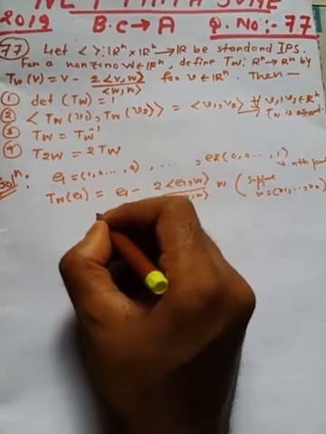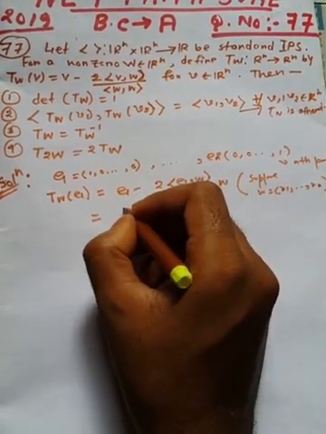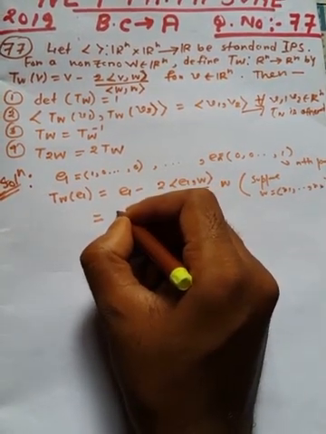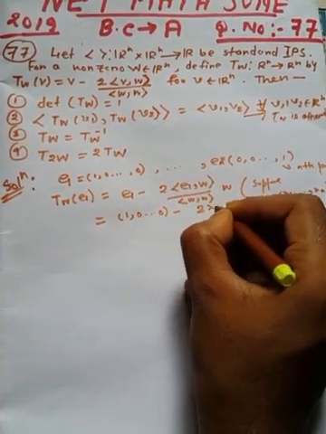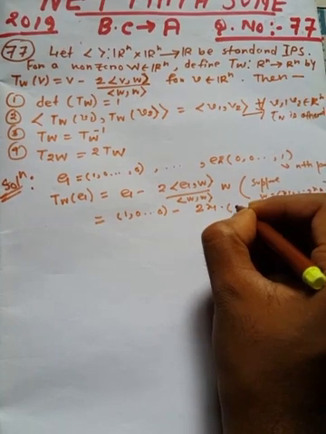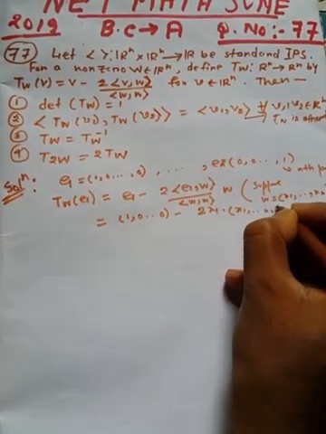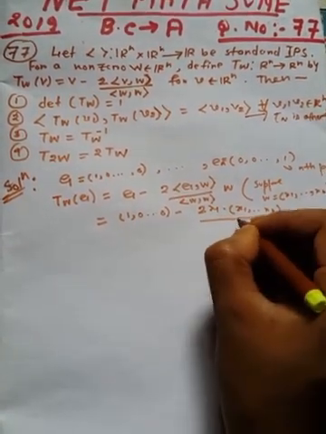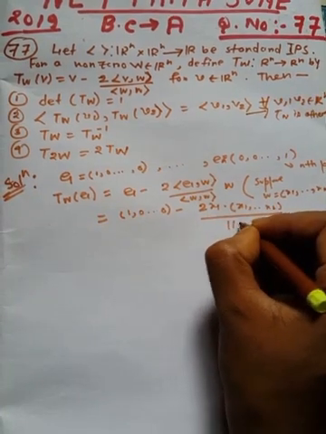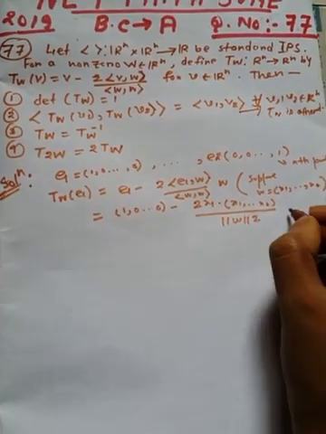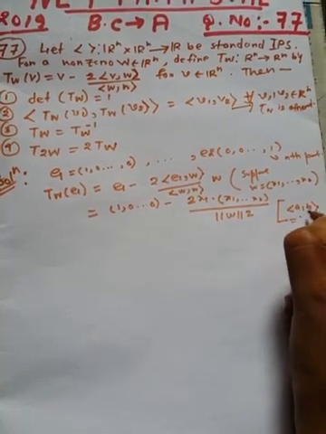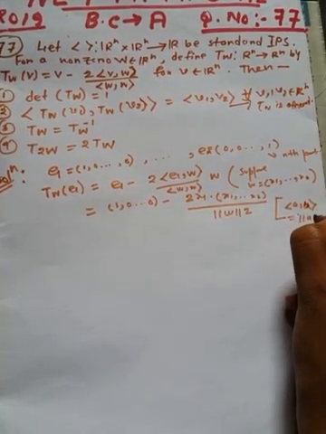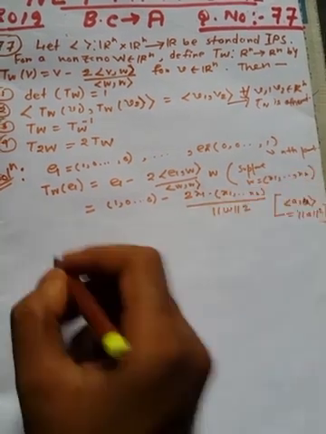So this gives 1, 0, and so on, minus 2 x1 into x1 dot dot dot xn, by norm W whole square, because we know that the inner product of a vector with itself is equal to the norm of the vector squared.